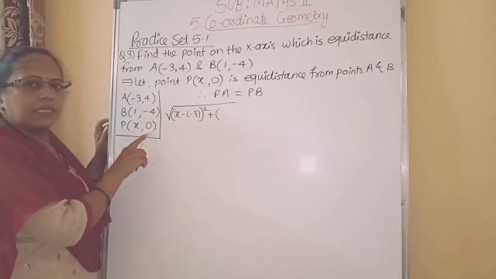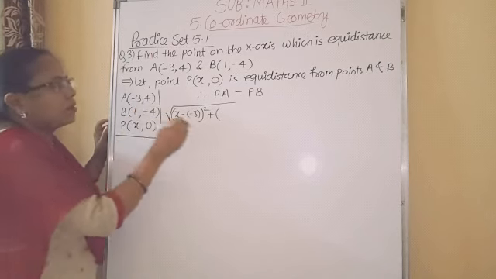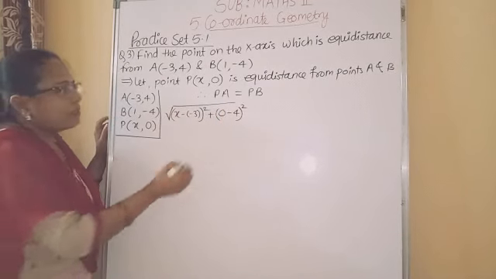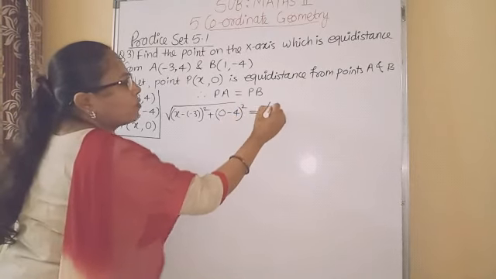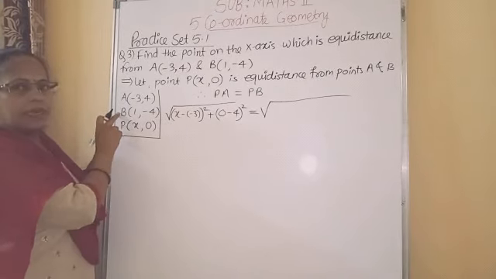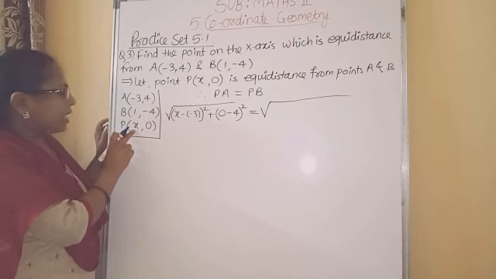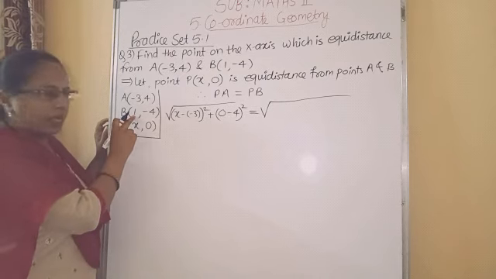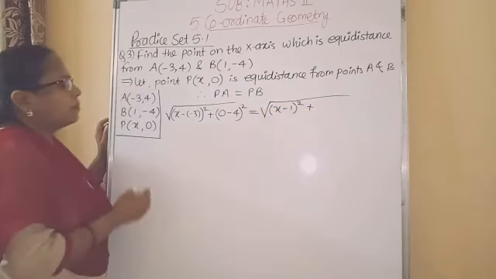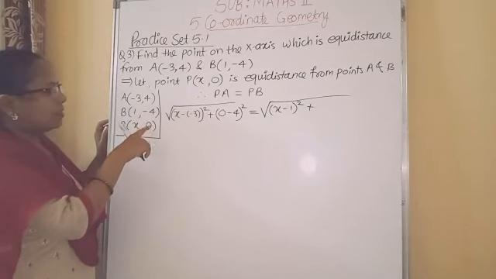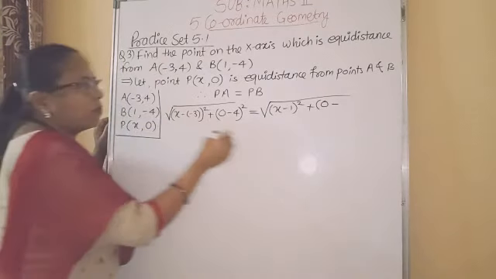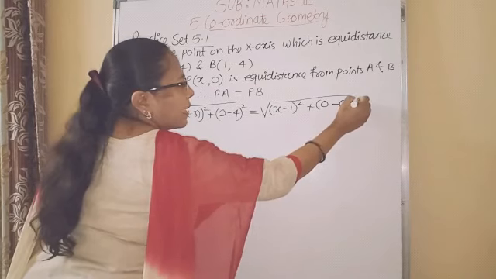So here y2 is 0 and y1 is 4. So 0 minus 4 the whole square. Follow this? Equal to square root of, we have to find out distance PB. PB. So here x2 is x and x1 is 1. So x2 minus x1 means x minus 1 the whole square plus y2 minus y1. 0 minus -4 bracket square.